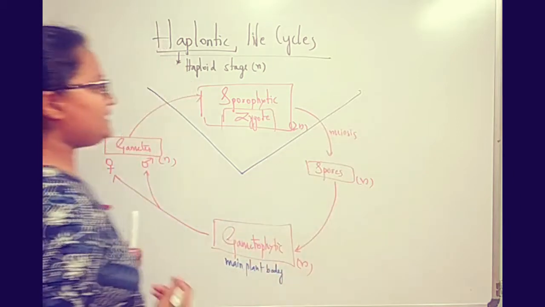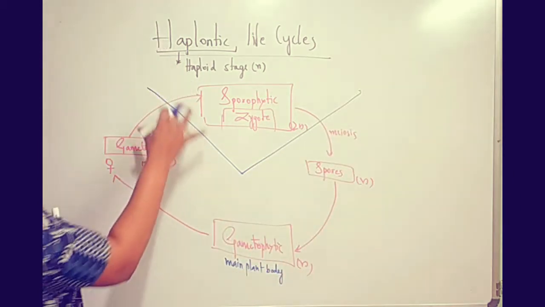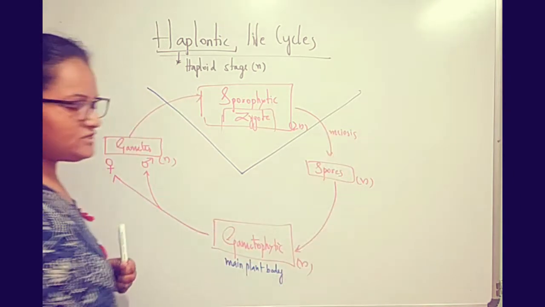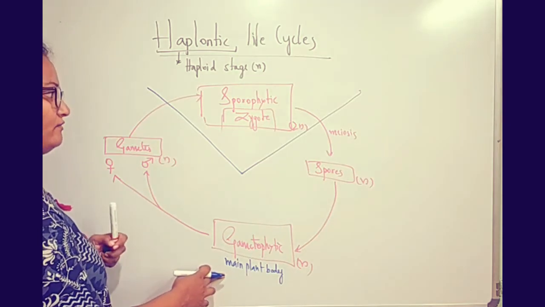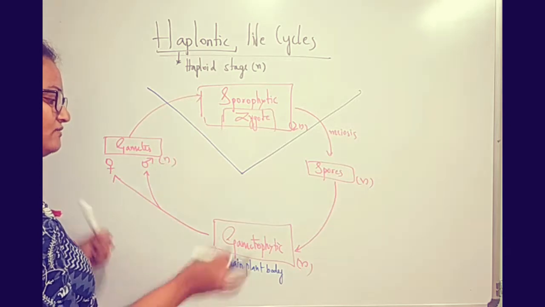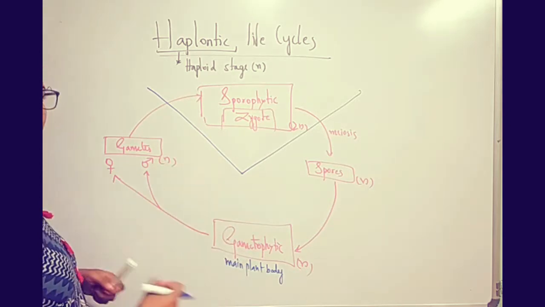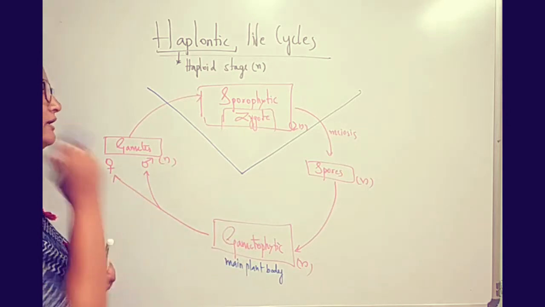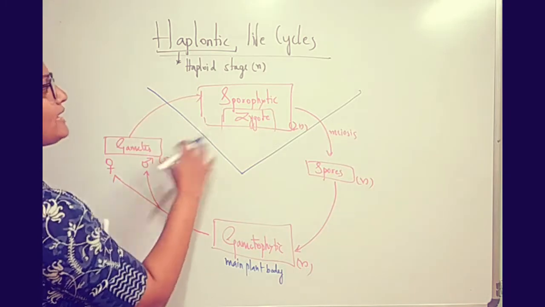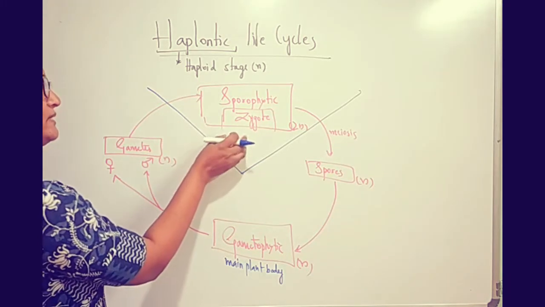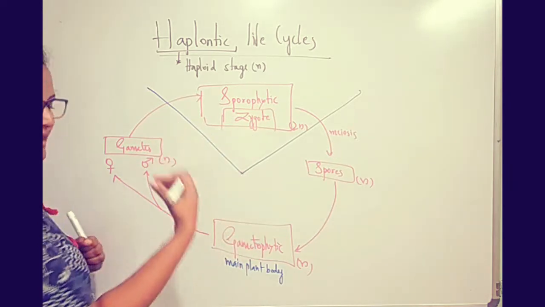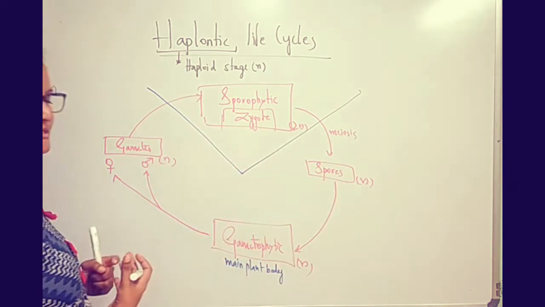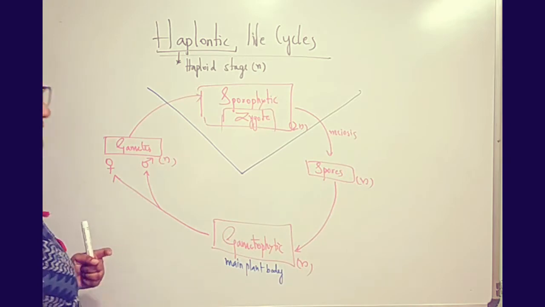The sporophyte is short-lived and the gametophyte generation is dominant, and they are independent. The sporophyte generation will depend on the gametophyte for food, shelter, everything. As a percentage, only 10% of the life cycle they live as a sporophyte, and maximum 90% they live as gametophyte.